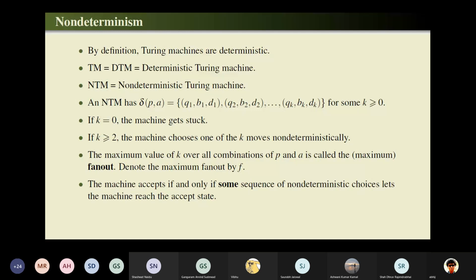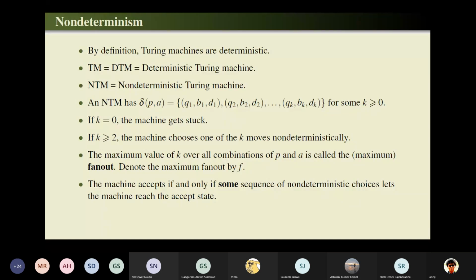And the machine accepts if and only if some sequence of guesses leads to the accept state, exactly as in non-deterministic finite automata or PDA. If there is a sequence of correct guesses, then it accepts. And if the guesses are incorrect, then anything may happen.